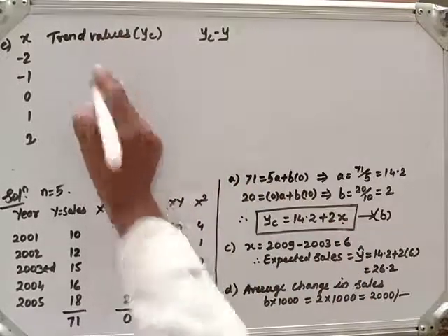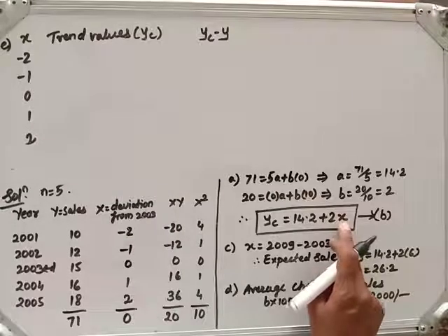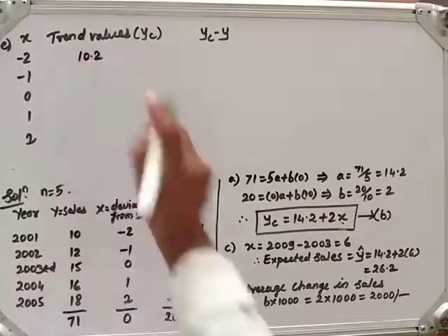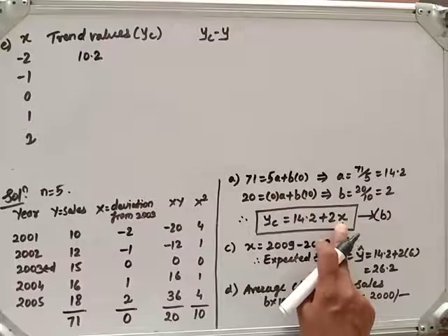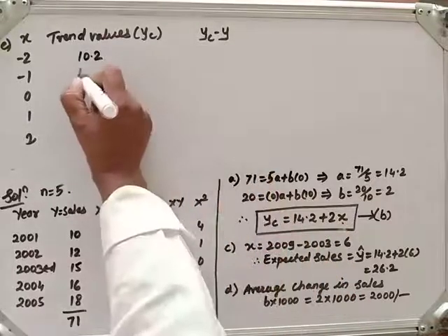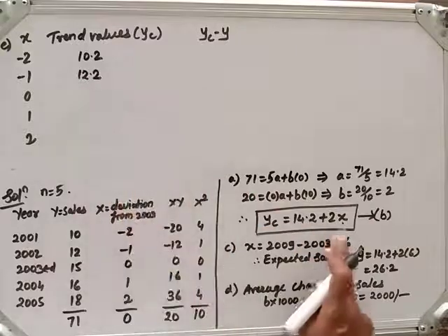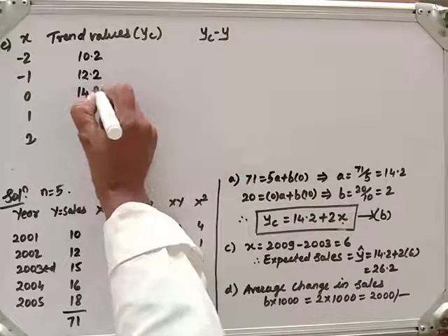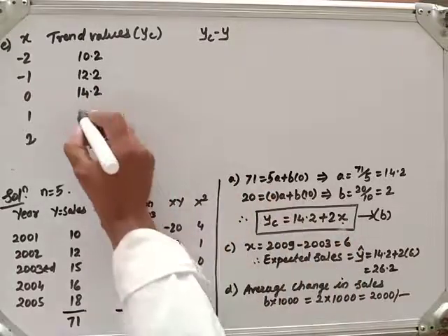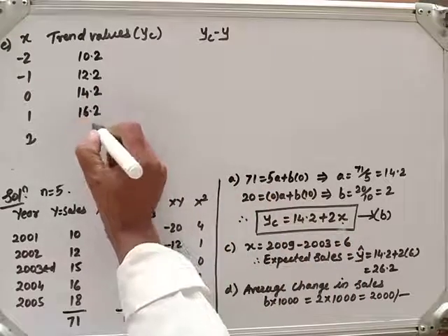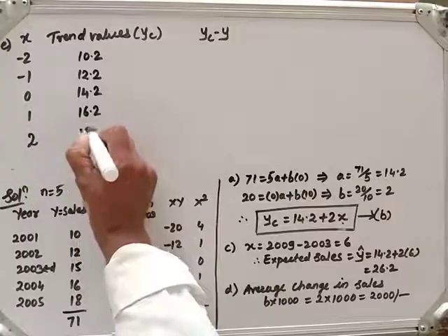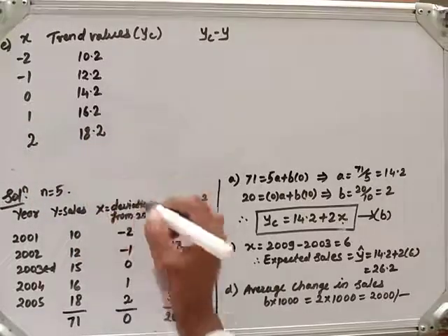If we put minus 2 here, then this is 10.2. If we put minus 1, then it will be 12.2. If we put 0, it will be 14.2. If we put 1, then 16.2. And if we put 2, then it will be 18.2. Trend values, Yc.